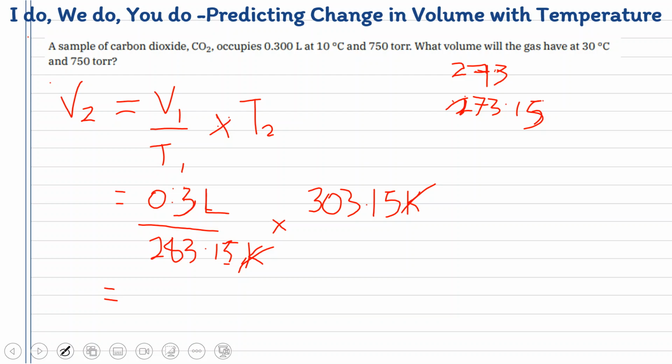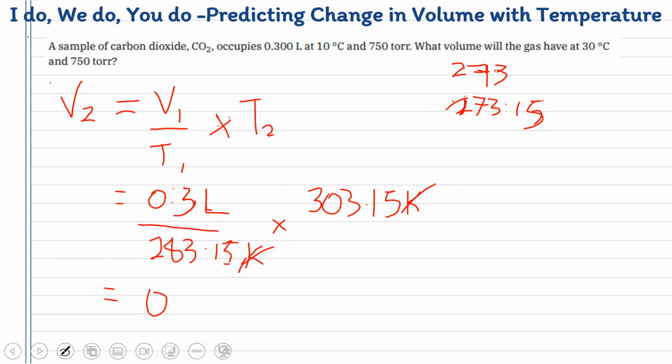So I have 0.3 divided by 283.15, multiplied by 303.15 again, and that gave me an increase in volume.